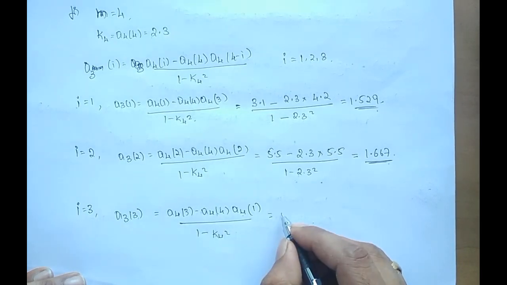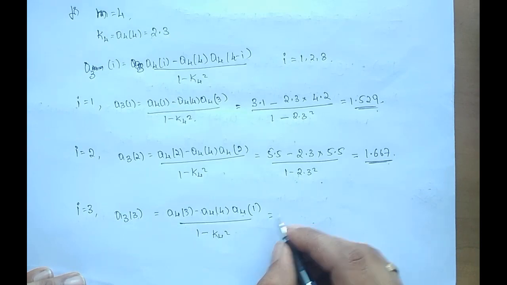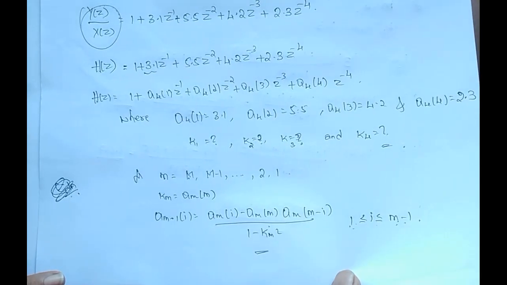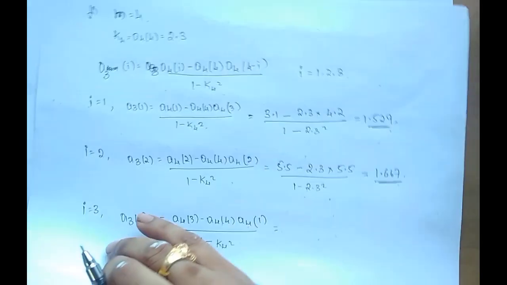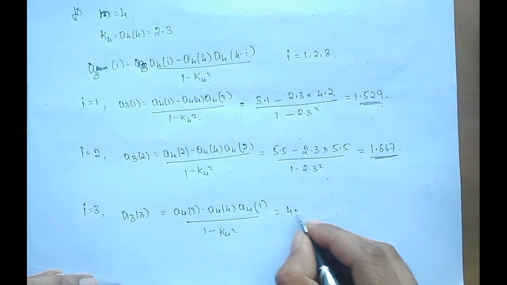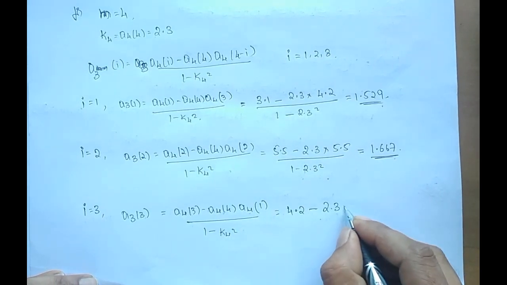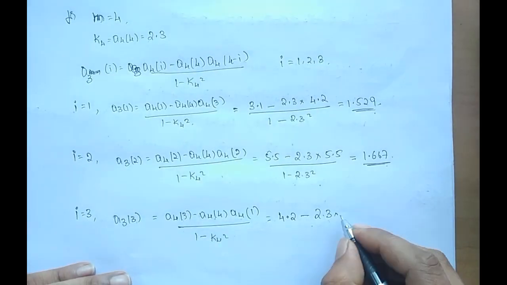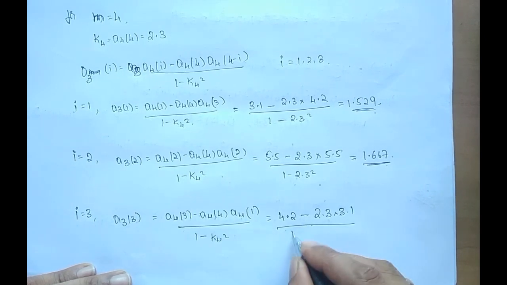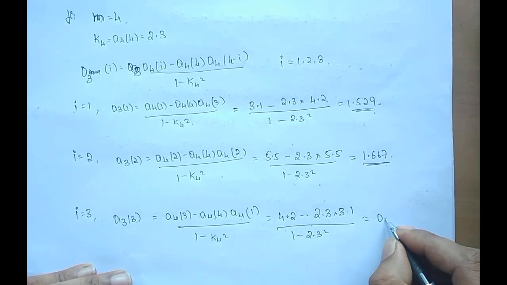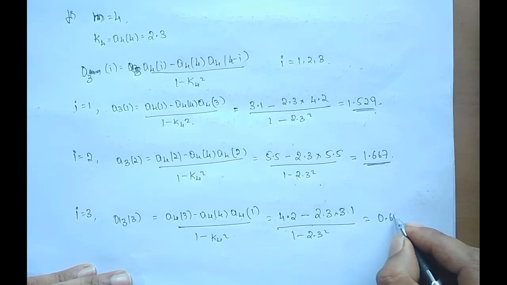This is equal to a4 of 3, which is 4.2, minus a4 of 4 is 2.3 into a4 of 1, which is 3.1, whole divided by 1 minus 2.3 square. This ends up with 0.683.